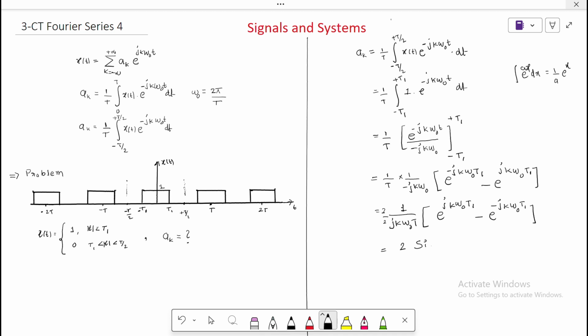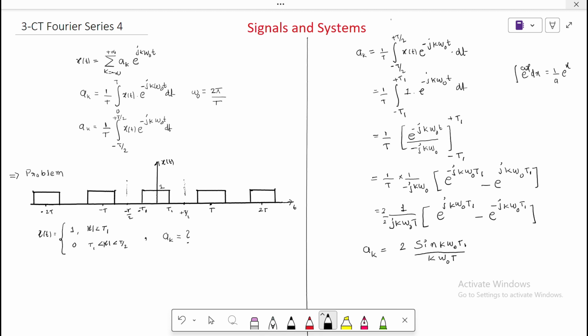So ak equals sine of k omega naught T1 by k omega naught T. This is the ak formula.